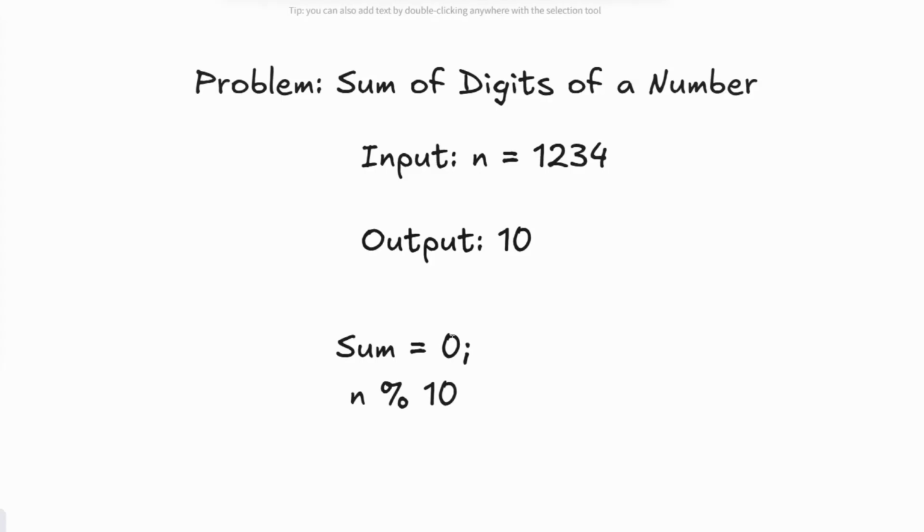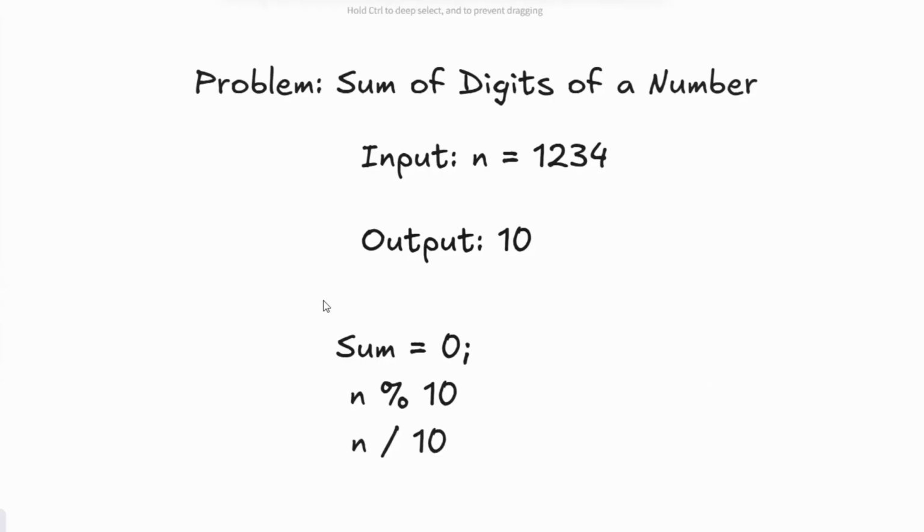After adding 4 into the sum variable, we have to remove it. For removing the digit 4, we have to divide the number by 10, so n divided by 10.